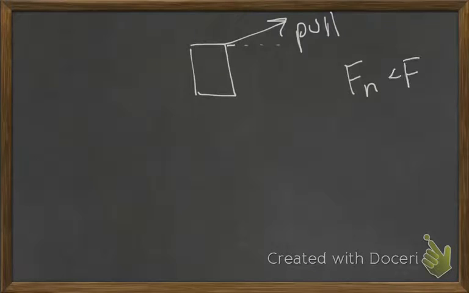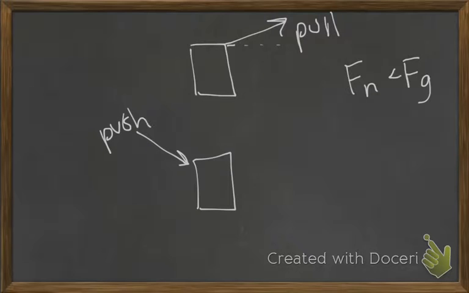But if you have an object in which you are pushing, your normal force is actually going to be more than your force due to gravity, because the normal force is what's pulling back up against your force due to gravity. You're adding an additional force in the y direction.